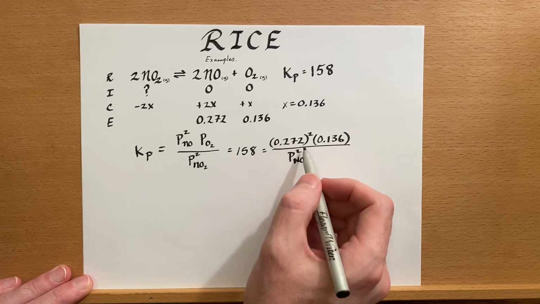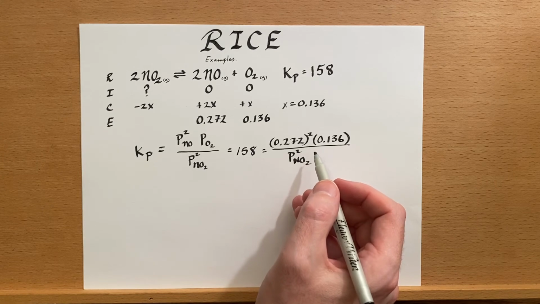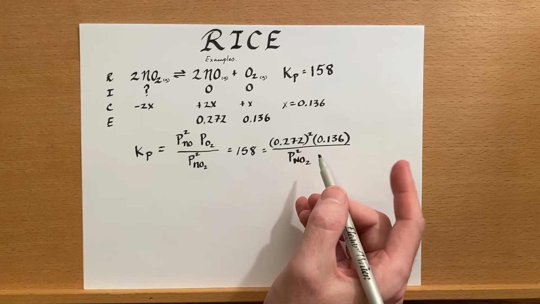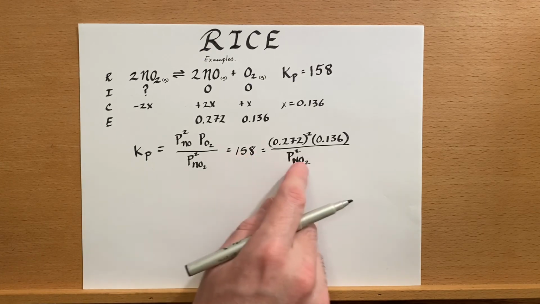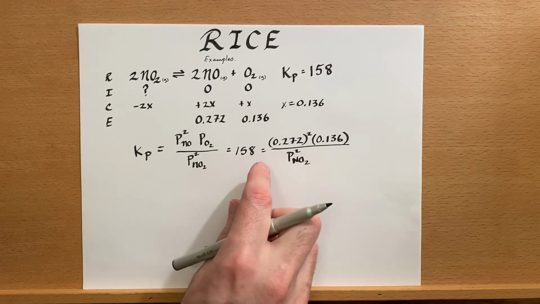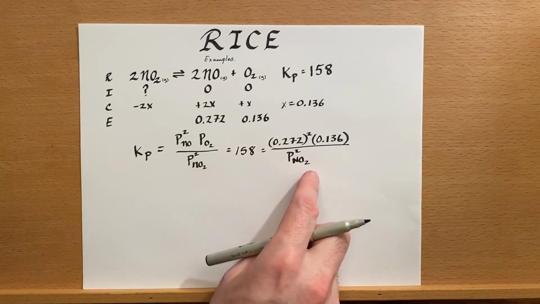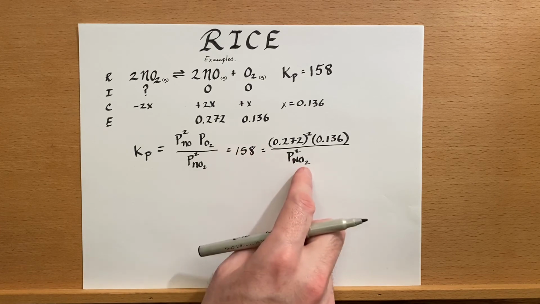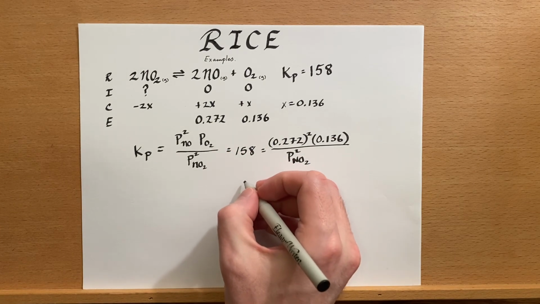This top thing right here should be 0.0100618. And then if I do a little manipulation, I can switch the position of these two. So multiply by the pressure of NO2 squared on both sides and then divide by 158, and that will switch these two spots.